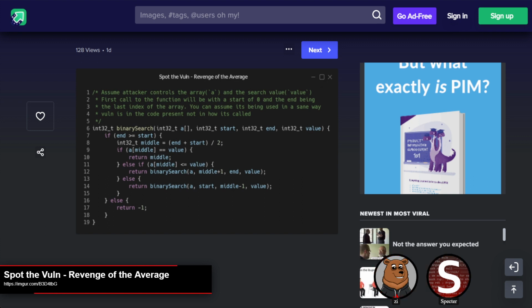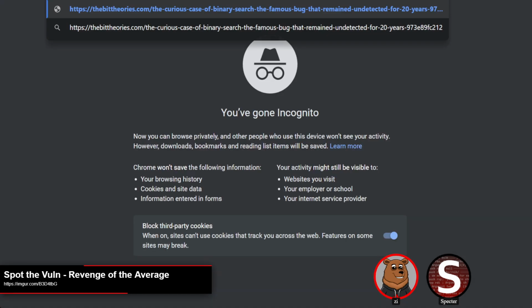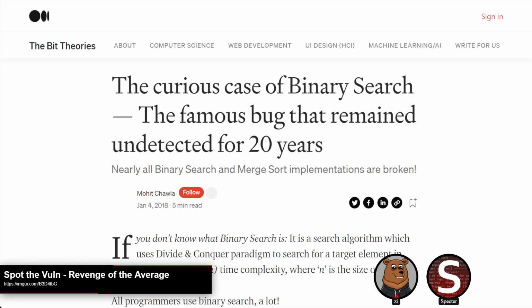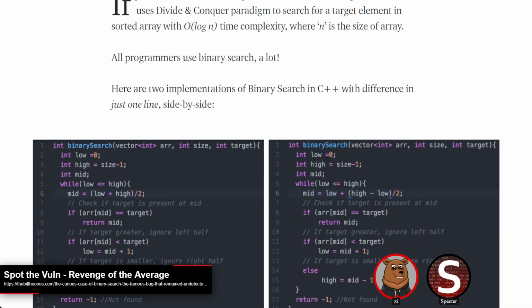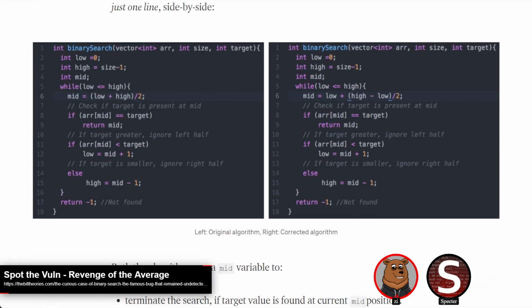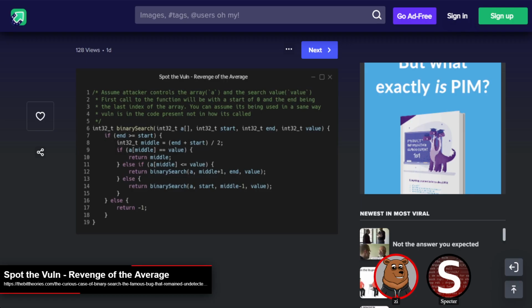I do have a secondary link here that goes into a bit more detail of this bug. At least for those of you here right now, you'll be able to see that. It covers the fix to it. But really it's just that bad calculation again, giving you an overflow.